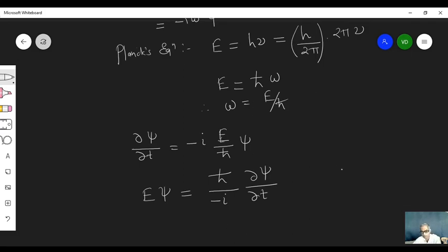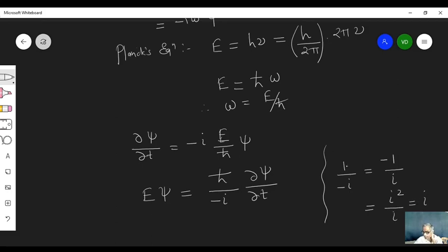Now what is the value of 1 divided by minus i? We know 1 means it is i square. Sorry, not i square. i square is minus 1. So what we can write is minus 1 divided by i. It is the same. And minus 1 is i square, so i square divided by i is equal to i.